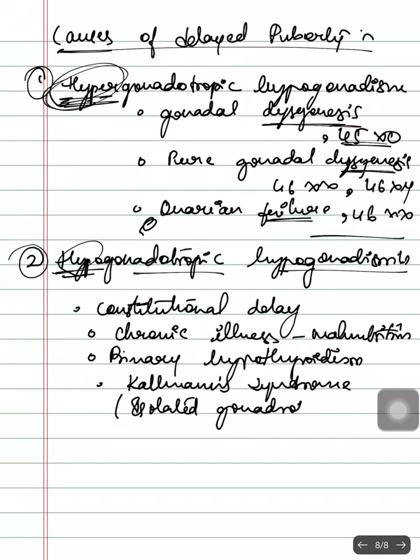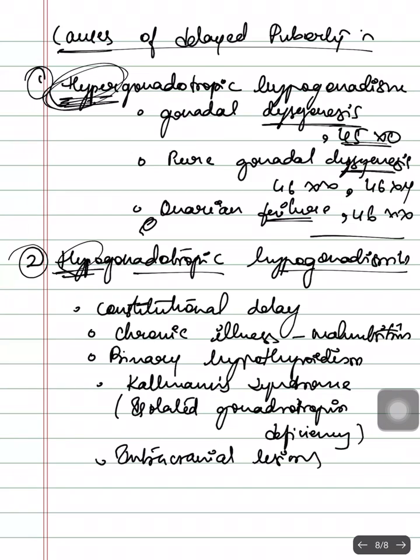And finally, the fifth one is intracranial lesions, which are tumors. There are certain cranial tumors due to which you see this delayed puberty. Among those tumors you will see craniopharyngioma and pituitary adenomas. Thirdly, we will see eugonadism.